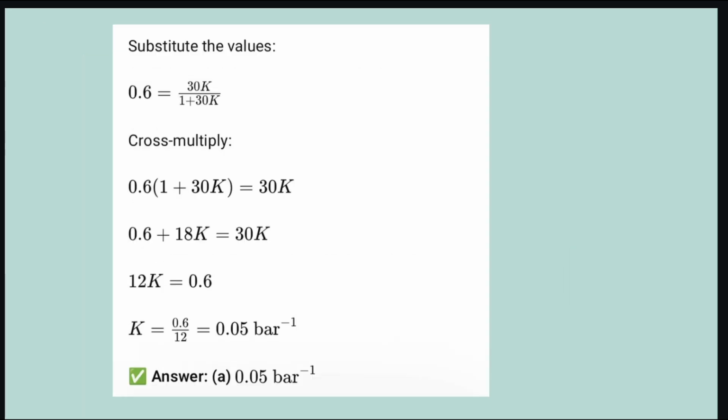Now substitute the values. 0.6 = 30K / (1 + 30K). Cross multiply: 0.6(1 + 30K) = 30K. So 0.6 + 18K = 30K, so 12K = 0.6. K = 0.6 / 12, which is 0.05 per bar. So the correct answer is option A, 0.05 per bar.